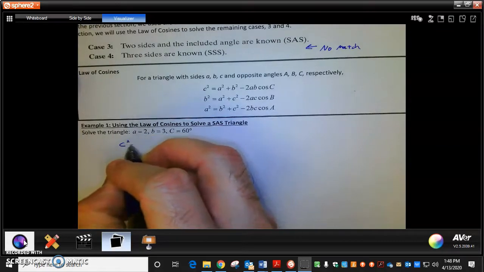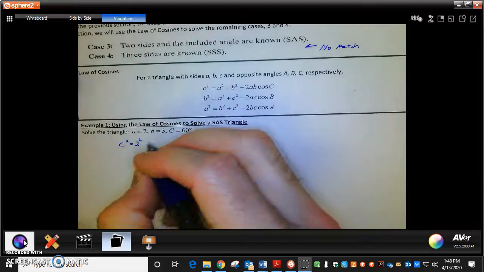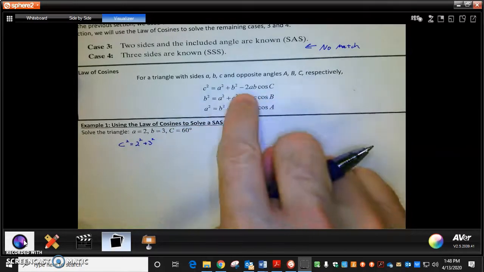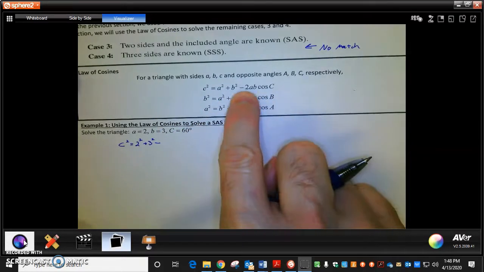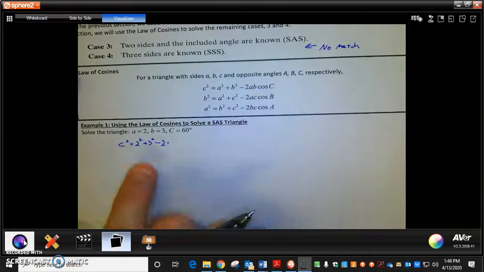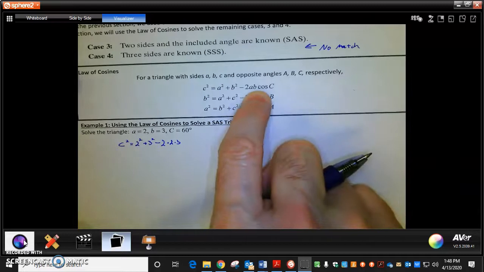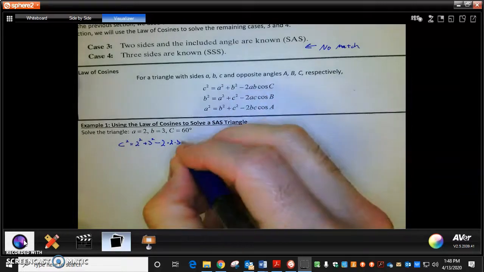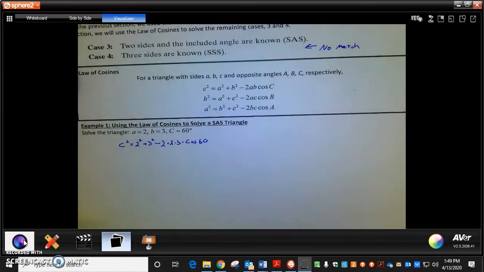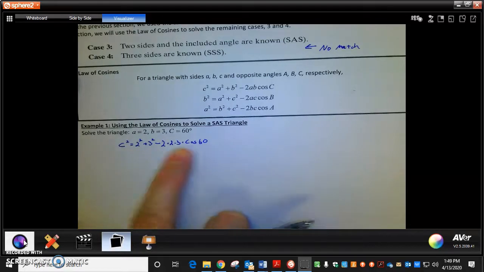So c squared equals a squared, so 2 squared, plus b squared, so 3 squared, and then minus 2 times a times b, so it's those two numbers, but don't put the squares on them, 2 times 3, times the cosine of our angle, which is 60. Now, if you'll notice, our variable is on the left and everything else that's on the right is just numbers.